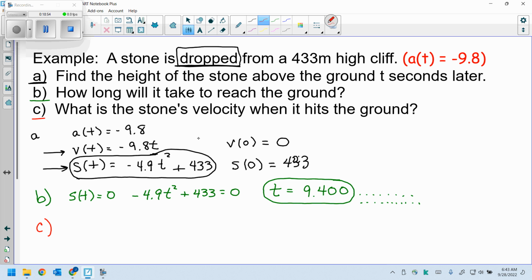Well, this is my velocity equation. The velocity at this 9.400, and there are more digits involved here, is going to be equal to negative 9.8 times that time value. But I've got to use all of these digits so I can have this answer accurate to 3 decimal places.